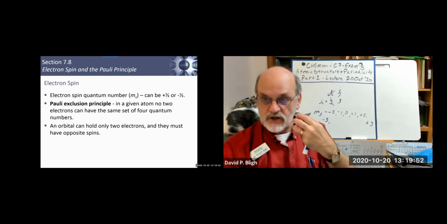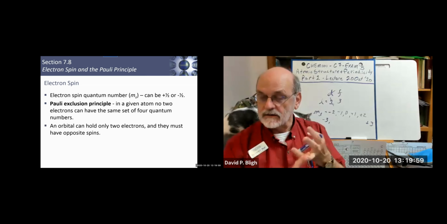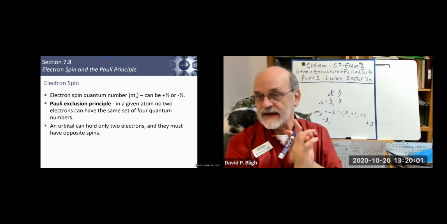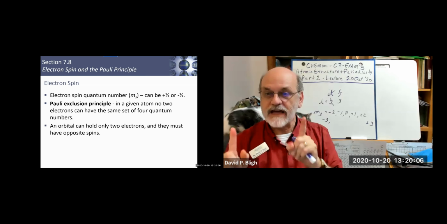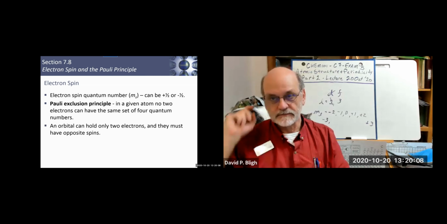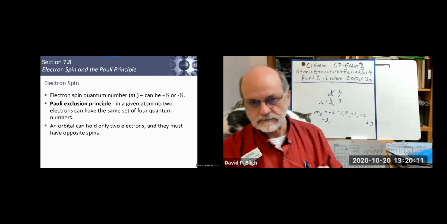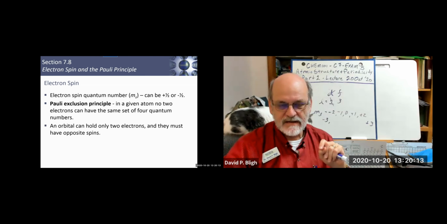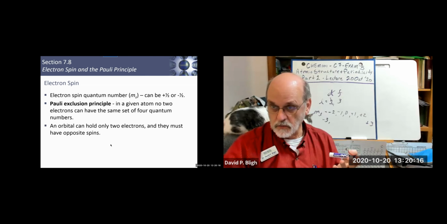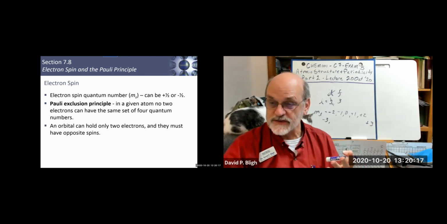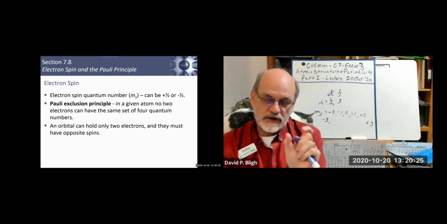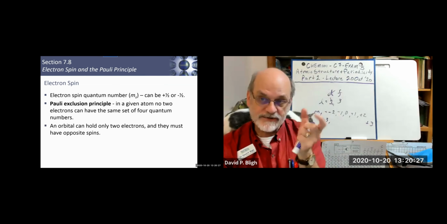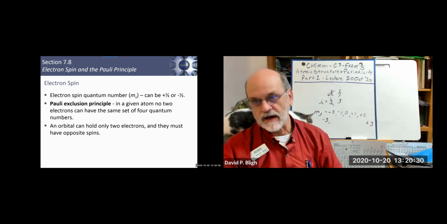Now, it's possible that the N, the L, the m sub L can all be the same numbers for 2 electrons. If that's the case, then they have to have different spin quantum numbers. And that's when you fill an orbital with the same quantum numbers as their first 3 numbers, then the only way that those 2 electrons can be inserted into that orbital is if they have opposite spins, +1/2 or -1/2.